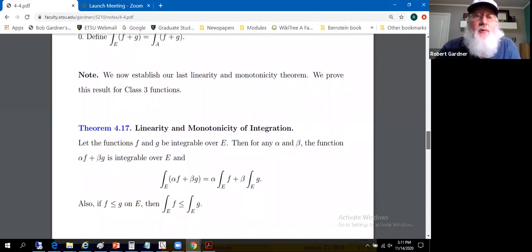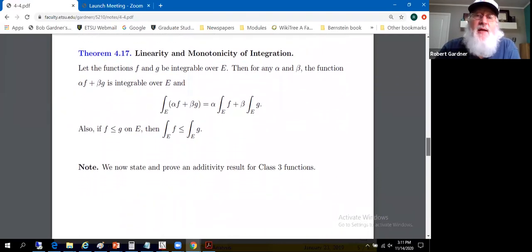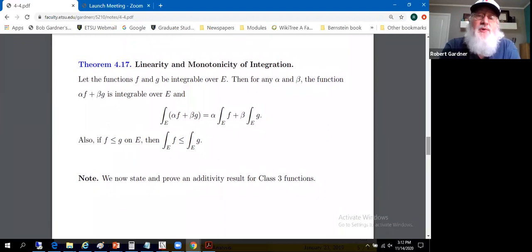All right, so now we're ready for linearity and monotonicity for class 3 of functions, the integrable functions. We're ready for additivity, and we'll gear up for a convergence theorem as well. This is our third and final linearity and monotonicity result.